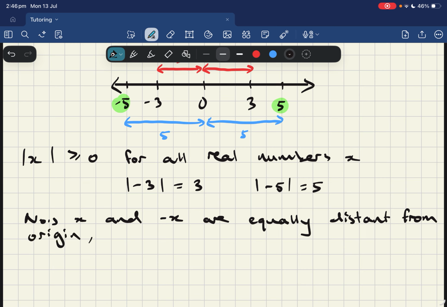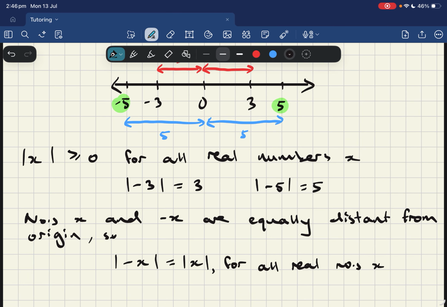So we can establish this relationship that the absolute value of negative x equals the absolute value of positive x, and we can say this is for all real numbers of x.